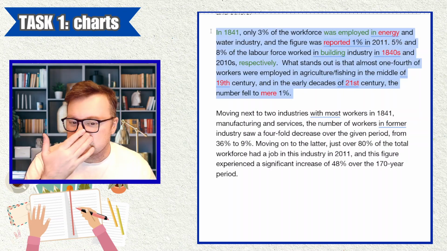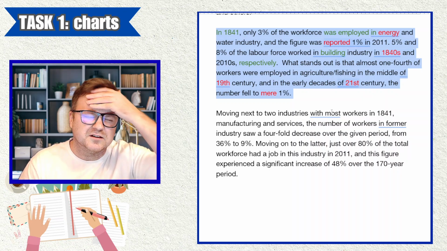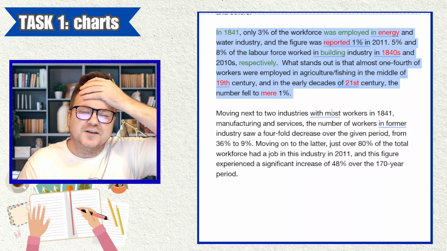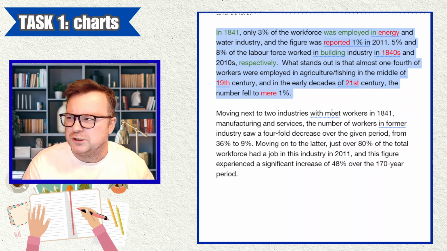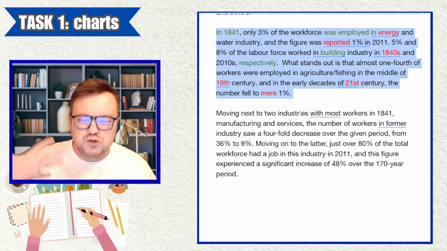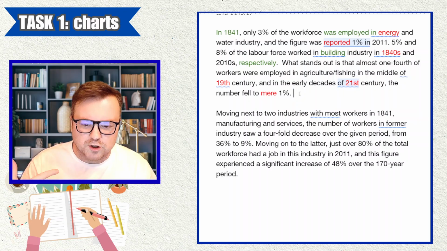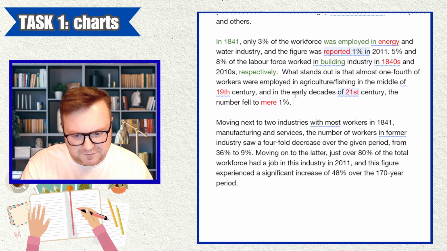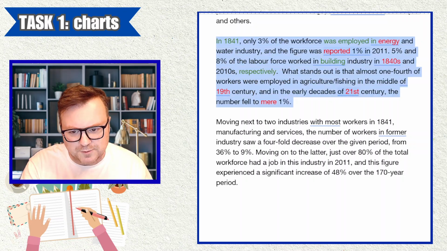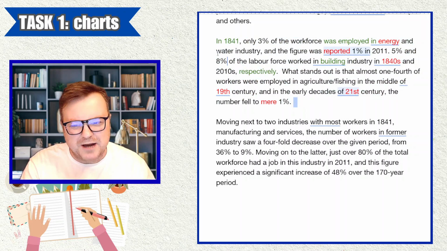And there's something written, I think, in the band descriptors for band 5 about the mechanical relaying or the mechanical reporting of information. And when you just focus on quantity, just trying to explain every detail, it can make it mechanical. You're certainly above band 5 for task achievement, no doubt about that. But this paragraph does feel a little bit mechanical.